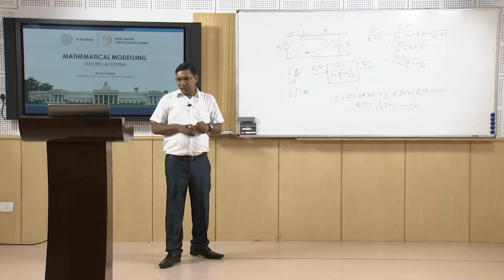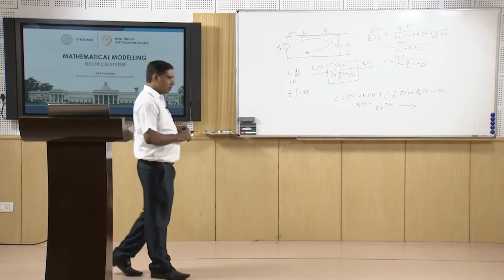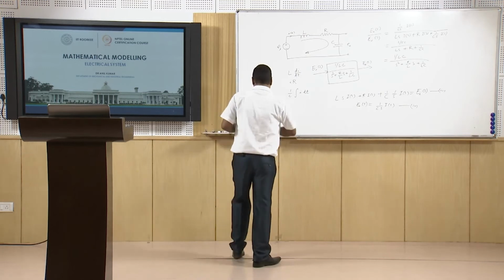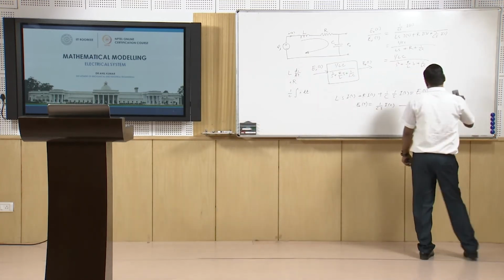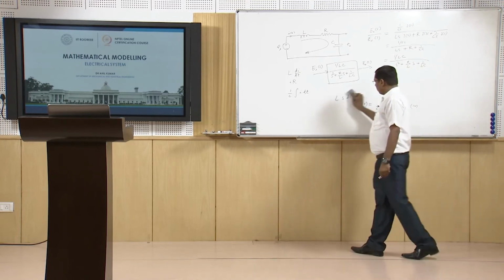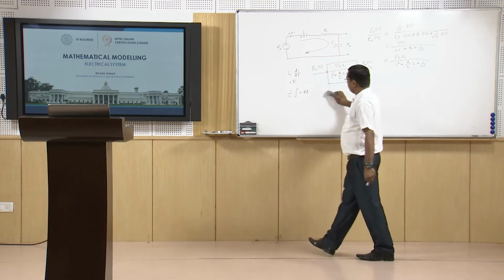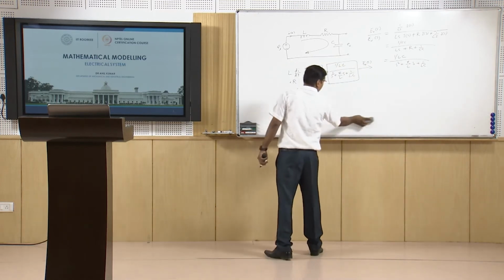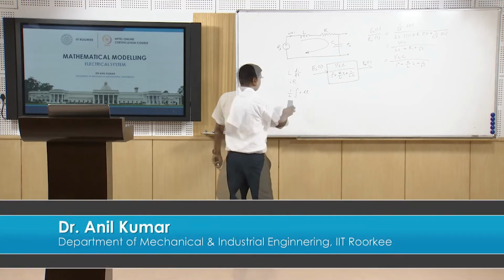Now we discuss the concept of impedance in the case of electrical circuits. In electrical systems, the concept of impedance can be used to find the transfer function and represent the system.